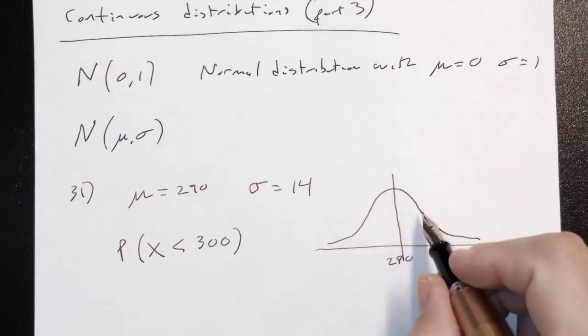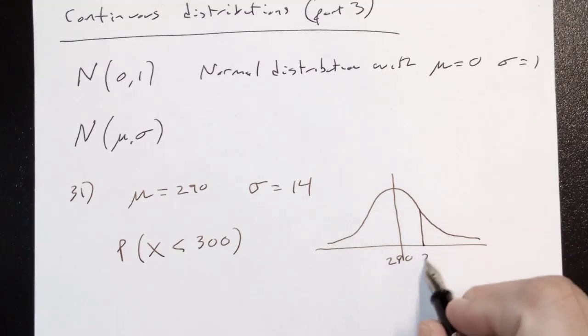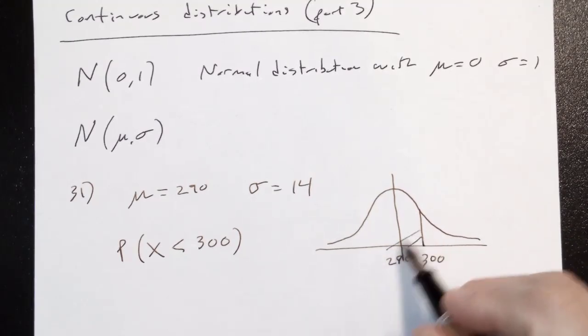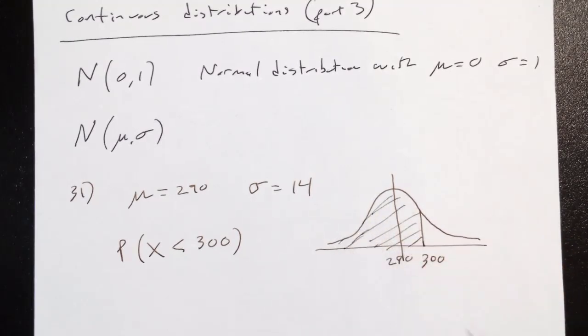300 is bigger than 290, so it's over here somewhere. And we want the chance that we are less than 300. So we want everything to the left. Since I want all of this, should I use the CDF or the PDF?